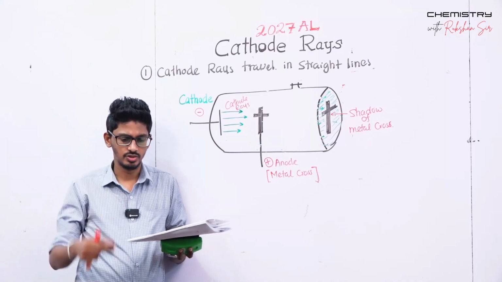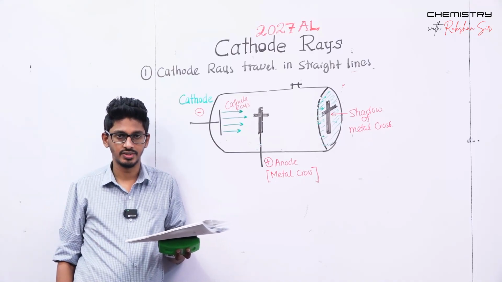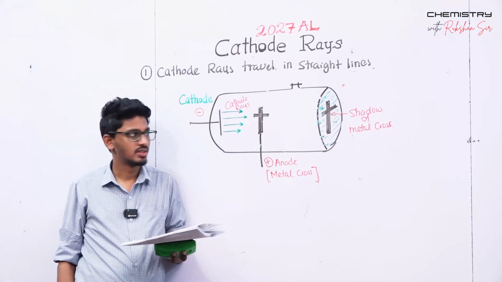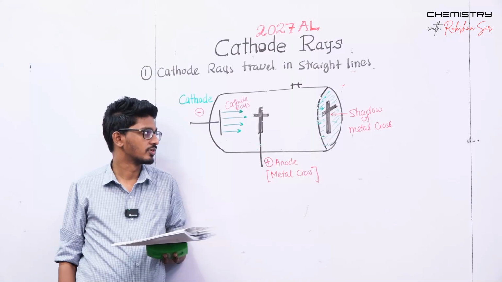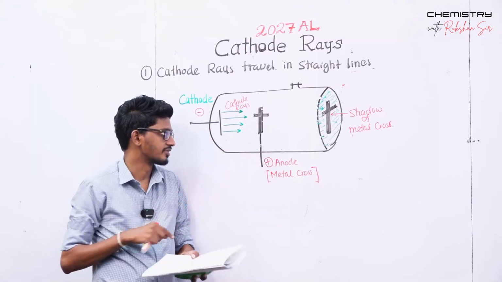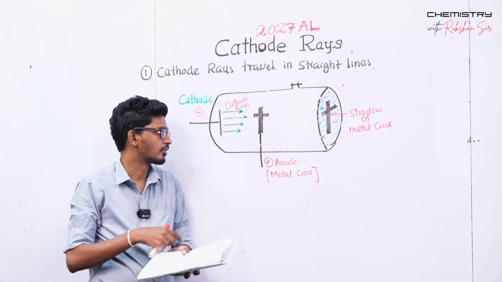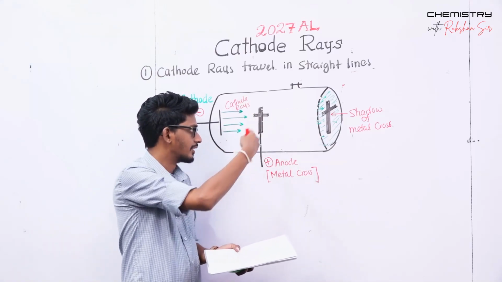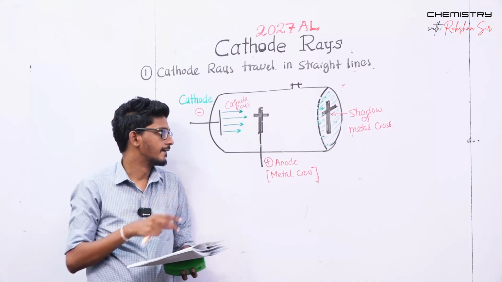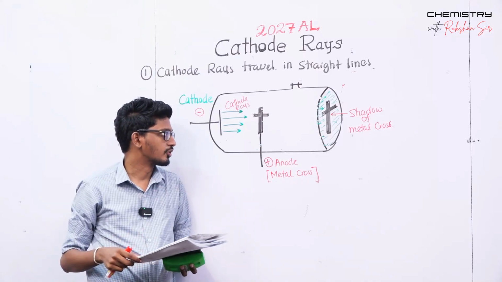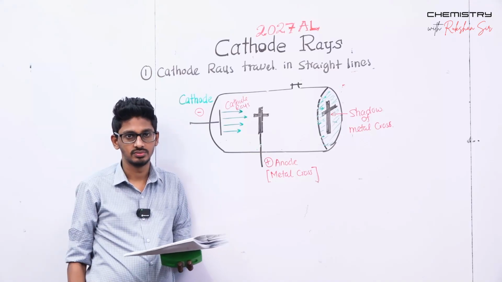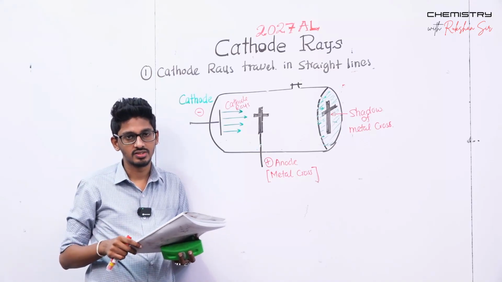Just write these two conclusions in red color. Cathode rays emit from the cathode. If only the cathode rays are emitting from the cathode, you will see this kind of observation. If they were emitted from the anode, the opposite would be the case. So this proves that the cathode rays are emitting from the cathode. That is the first dash.